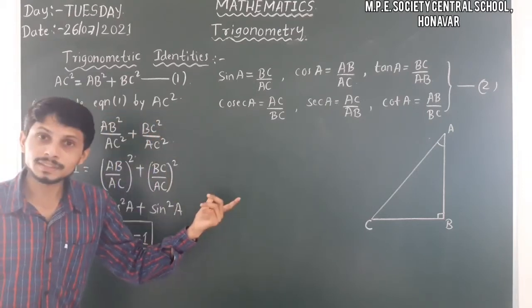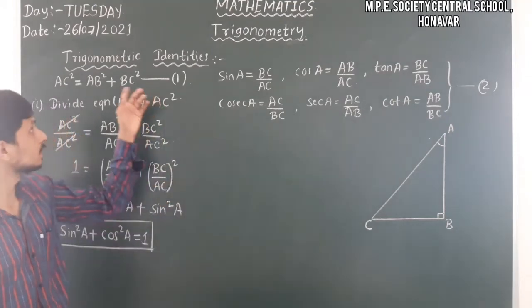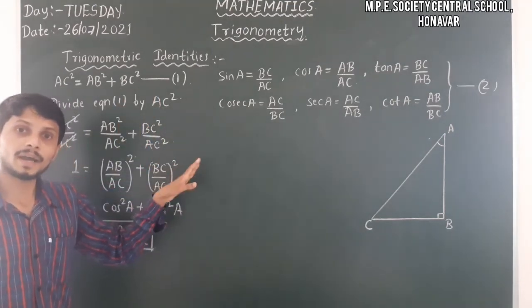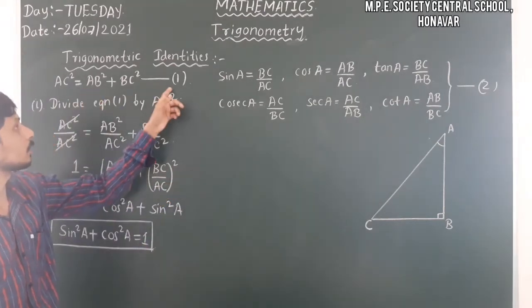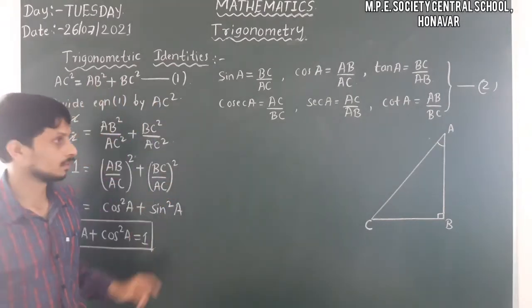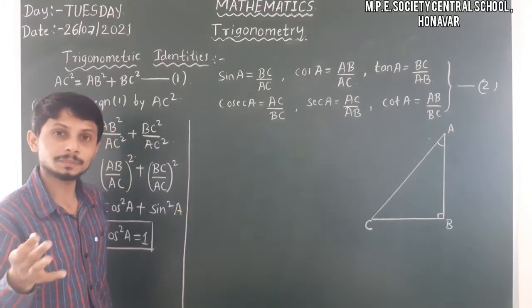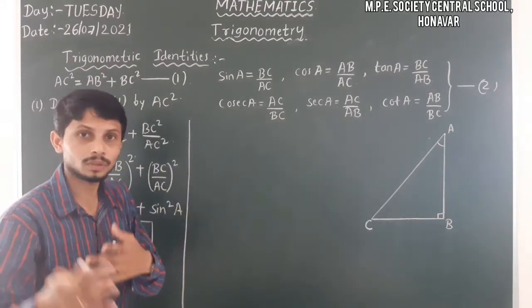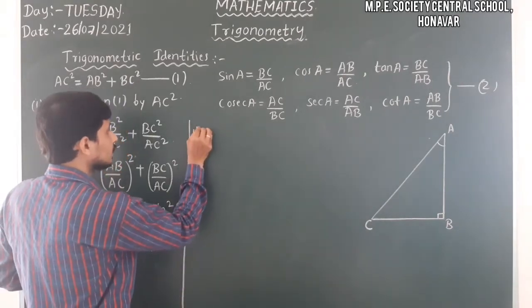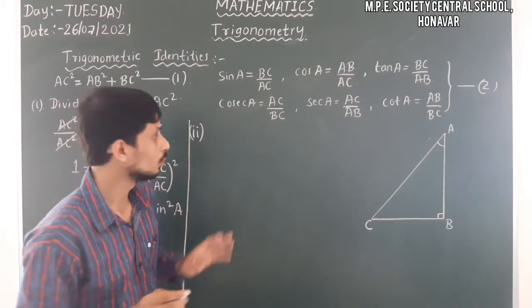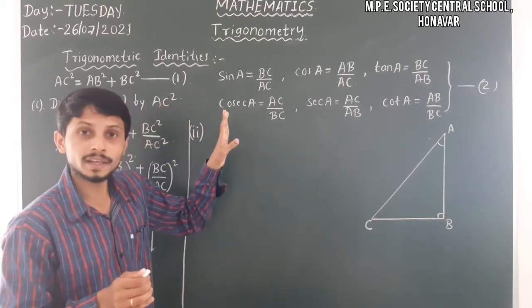Likewise we have to do the same for the second trigonometric identity. Here I am dividing the complete equation 1 with AB square. If it is possible, you can solve it on your own as well. So for trigonometric identity number 2, divide this equation by AB square.